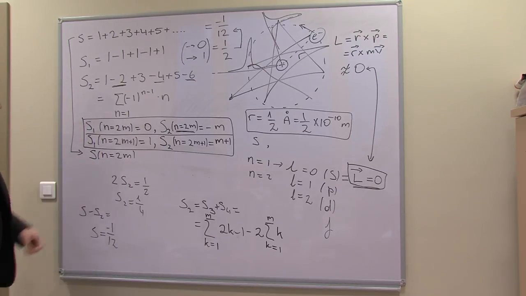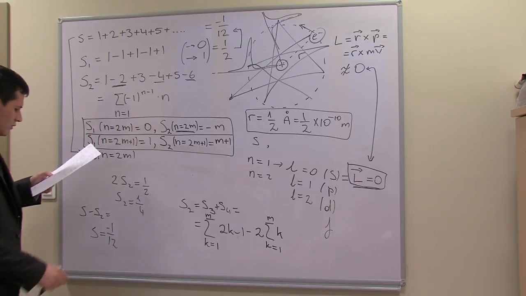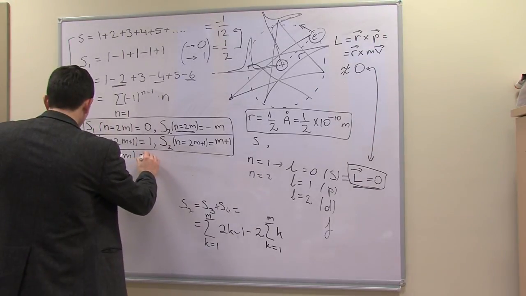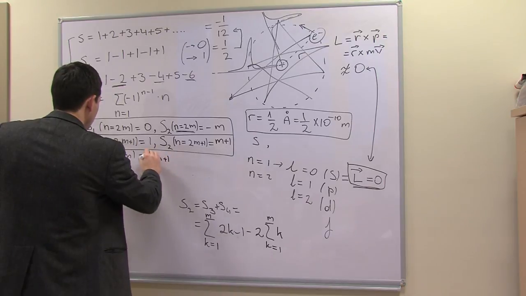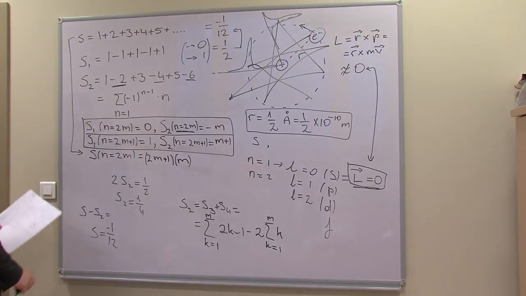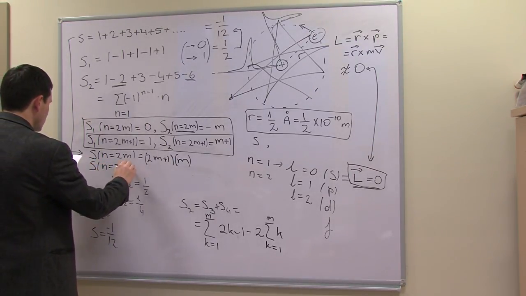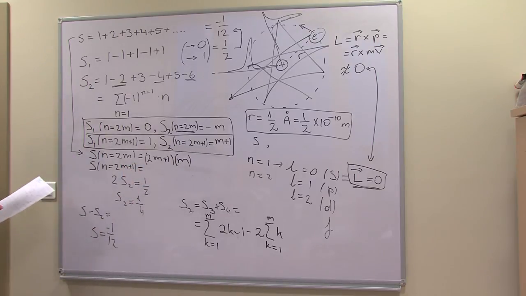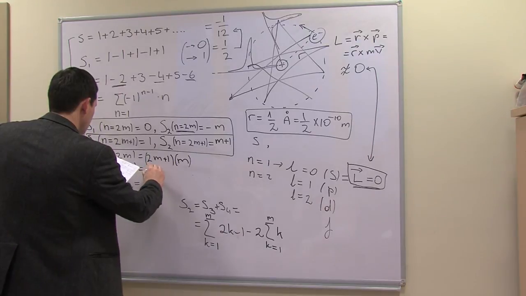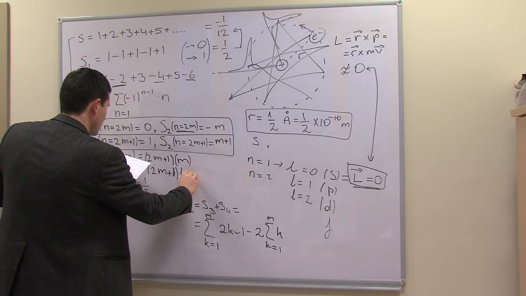And then we get to this value where s is equal to 2, when s, in this case, for an even number, we are going to have the following, 2m plus 1 times m, and the other one, s, when n is equal to 2m plus 1, that makes it an odd n, and this would be equal to 2m plus 1 times m plus 1.